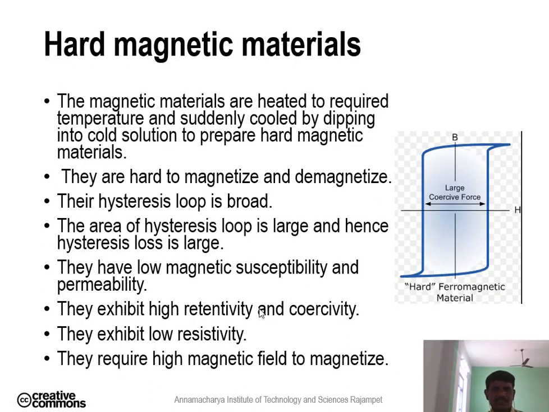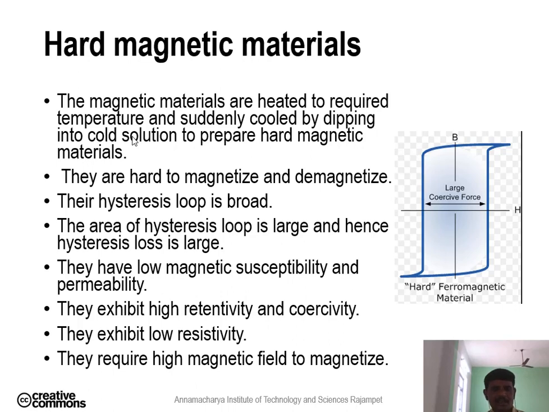The other type is hard magnetic materials. The magnetic materials which have a large or high hysteresis loss are called hard magnetic materials. Examples of hard magnetic materials are iron, nickel alloys and ferrites.